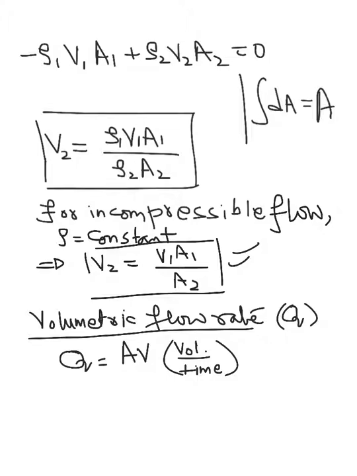It is indicated with the symbol Q, so Q is equal to area multiplied by velocity. The above equation can also be written in terms of the volumetric flow rate, V2 equals Q1 divided by the area A2. Make sure that Q1 is the volumetric flow rate going into the converging duct through control surface 1.